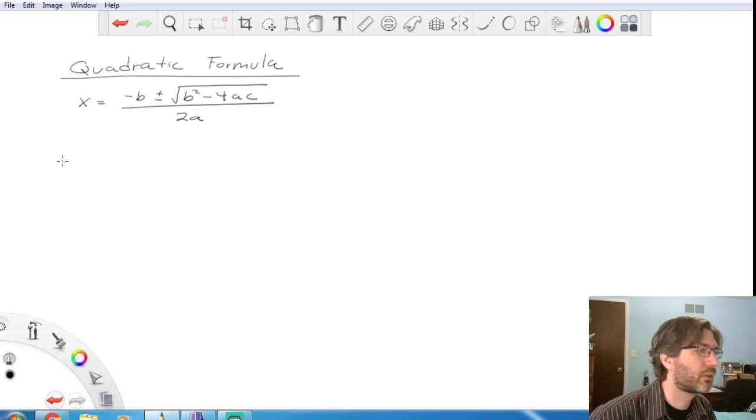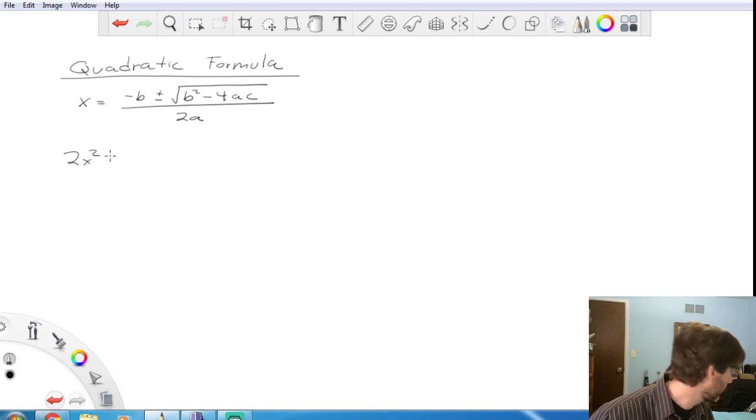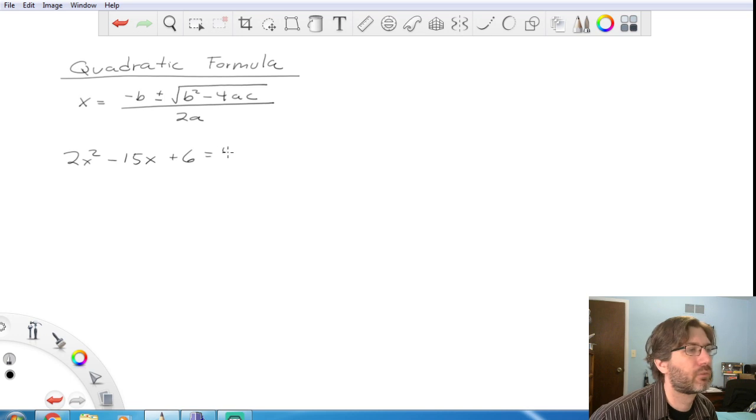Here's one. Let's do 2x squared minus 15x plus 6 equals 41. Now for the quadratic formula to work, you want this equal to 0. So what we're going to do is set this equal to 0. It's pretty easy to subtract 41 from both sides.